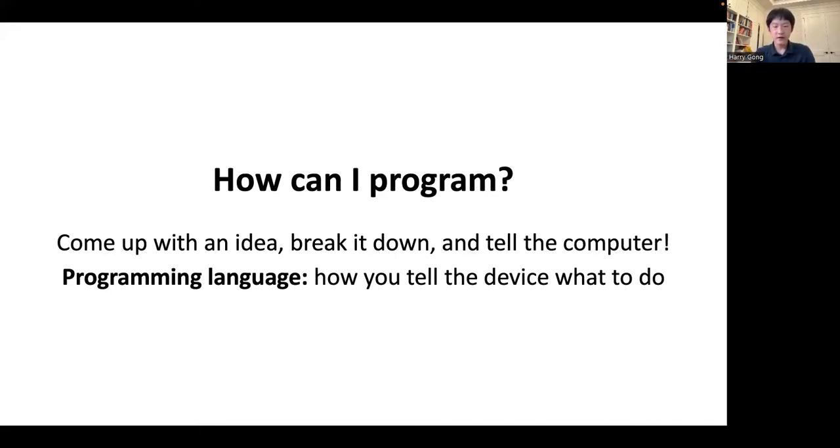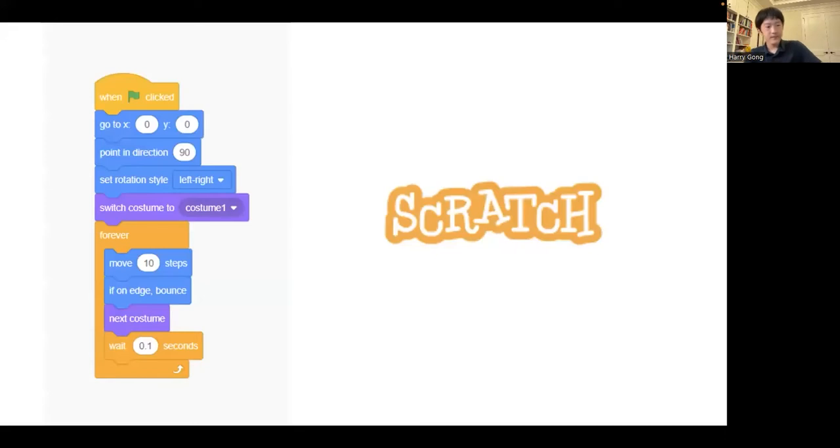Instead of using text, the main method of telling the computer what to do is using blocks and graphics, which are shapes. And this is Scratch. In Scratch, if you haven't met it before, you use blocks to form commands, which you tell the computer to execute.